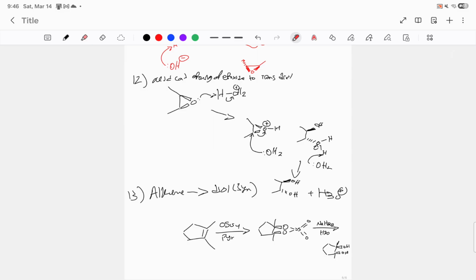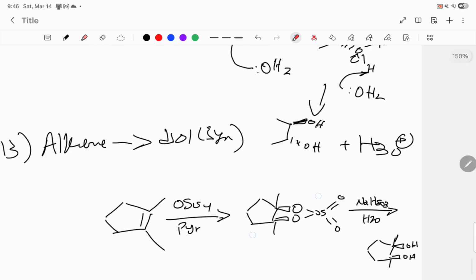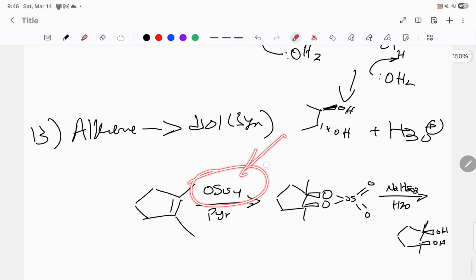There is another version I can do. I can use a stoichiometric or catalytic amount of osmium tetroxide. So I use a very small amount of it. And I use a co-oxidant such as NMO, N-methylmorpholine N-oxide.